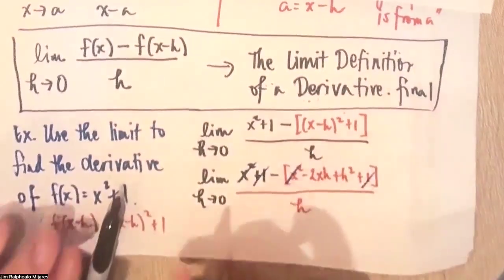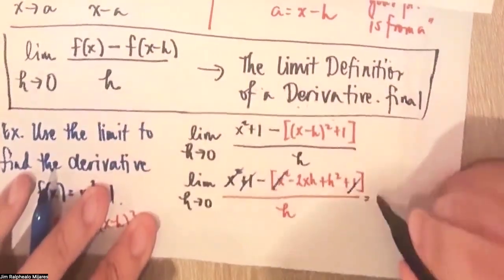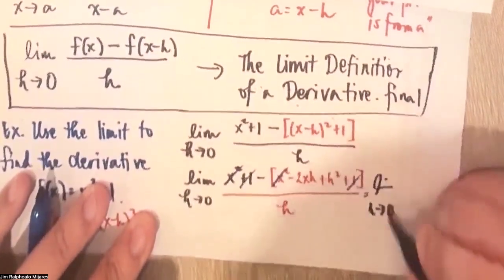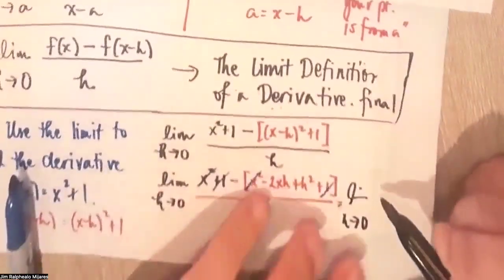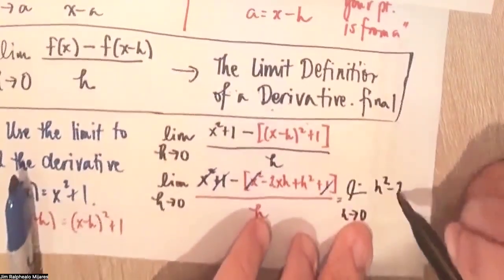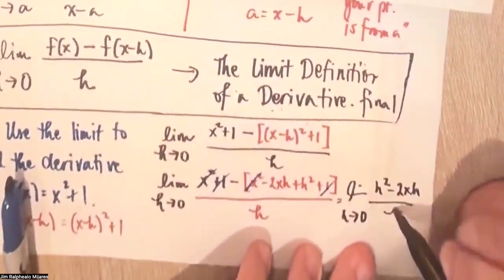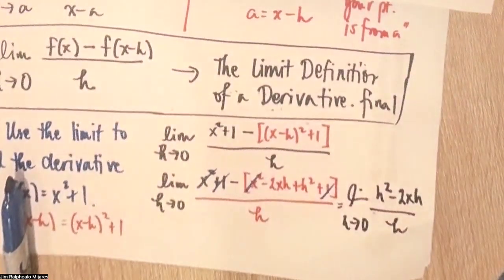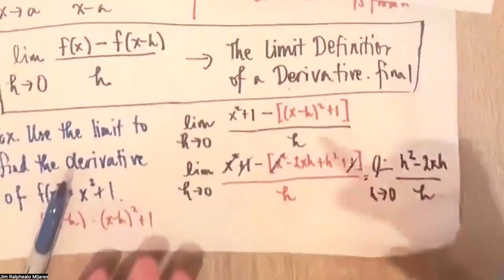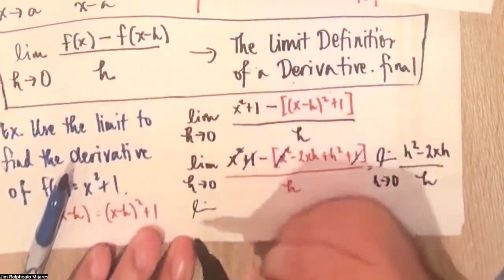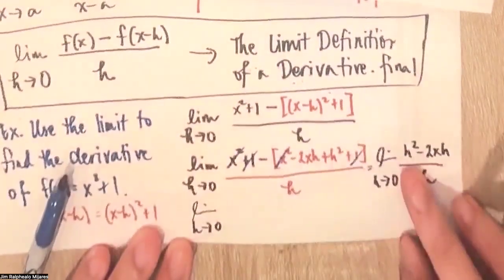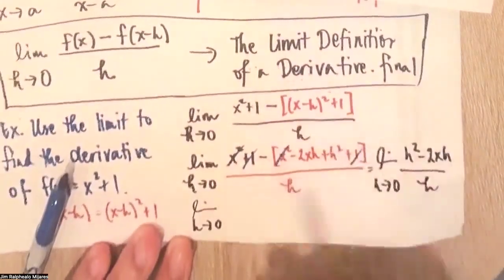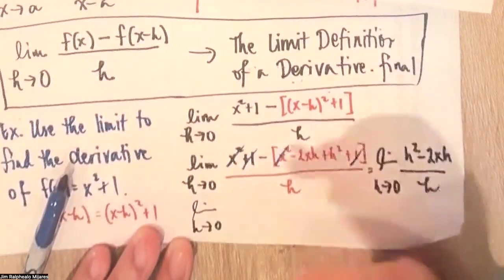What remains is the limit as h approaches 0 of h squared minus 2xh all over h. Notice that from here we can factor out h in the numerator.